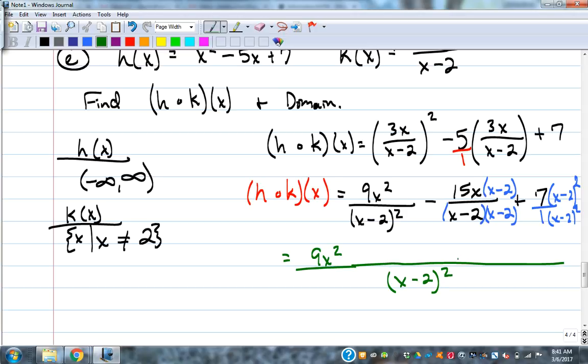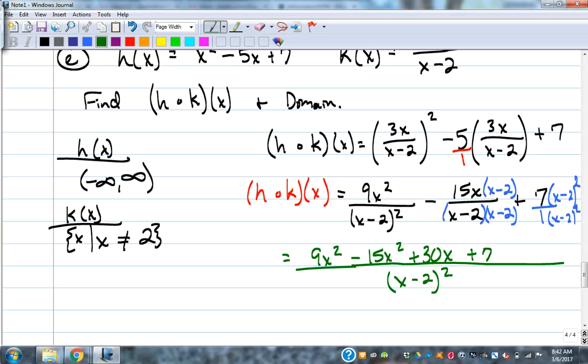And then the bottom part's going to be x minus 2 squared. So the top part, we're just working this out. Negative 15x times x minus 2 would be negative 15x squared plus 30x. And then x minus 2 squared is x squared minus 4x plus 4. And then distribute a 7 to that.